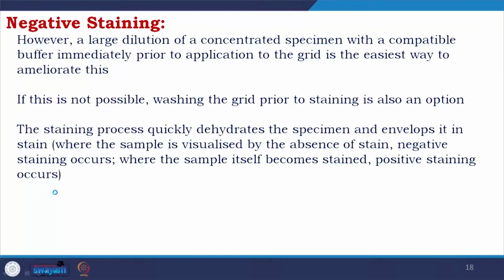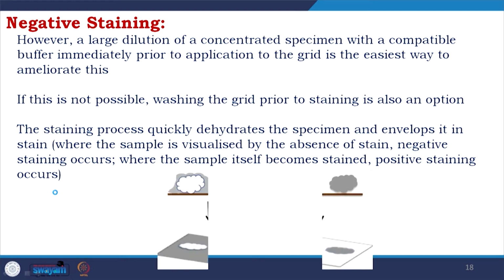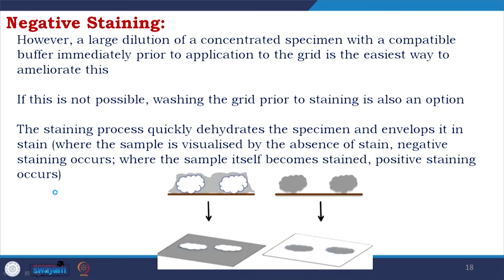The staining process quickly dehydrates the specimen and envelops it in stain, where the sample is visualized by the absence of stain. Where the sample itself becomes stained, positive staining occurs. So, if you see here, the whole thing is stained, the gray color, this is the stain.